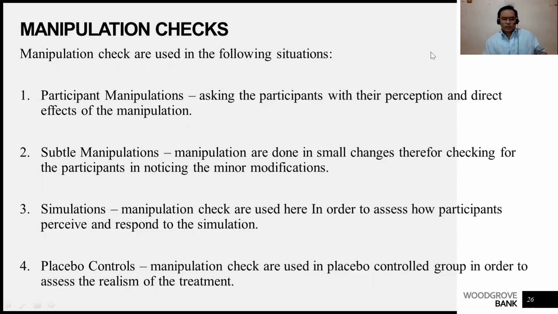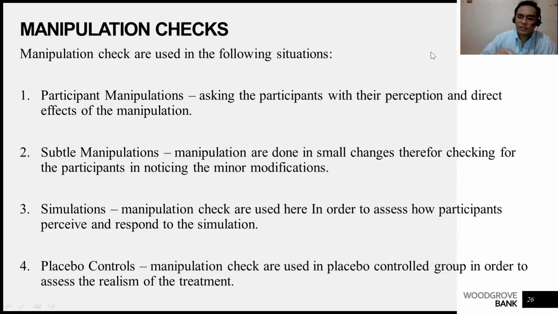So what's the importance of that? It's to determine if they noticed how the researchers manipulated the environment. If the participants are aware that the researchers are manipulating the environment, it can produce different results compared to the participants that are unaware of what's going on. So number three, simulations.